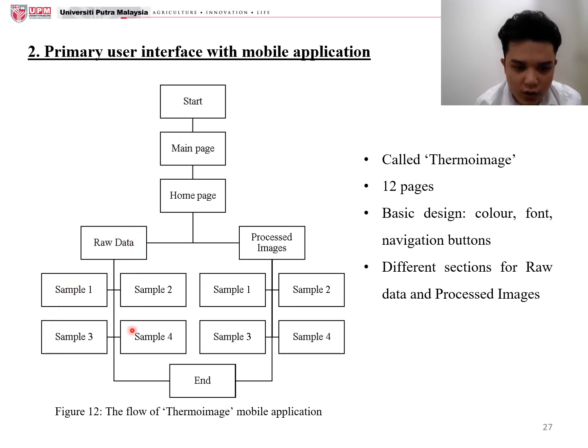The raw data will show all 4 samples, and then there is a button called process image that will show the process of all 4 samples. So the overall application consists of 12 pages. Okay, and then after this, I will show you the actual images of the application.